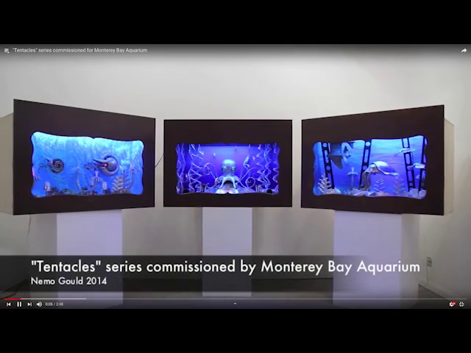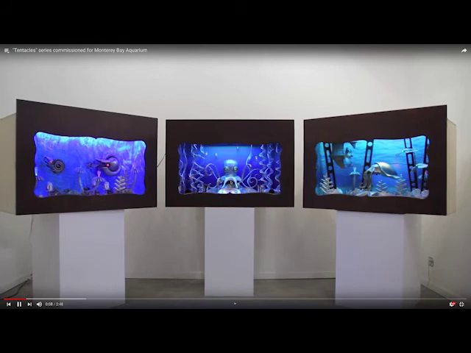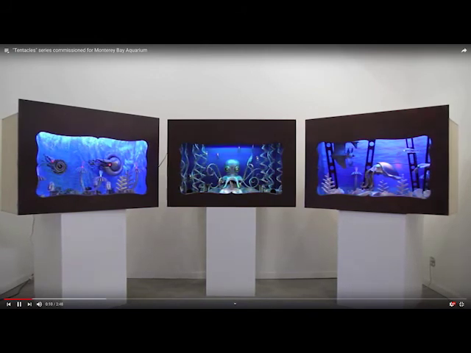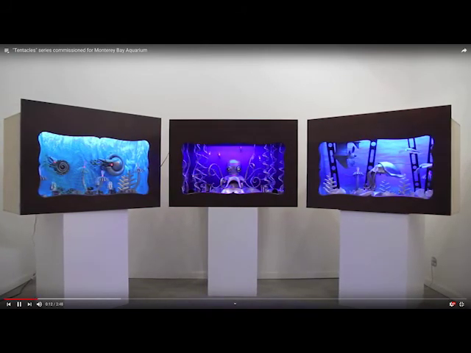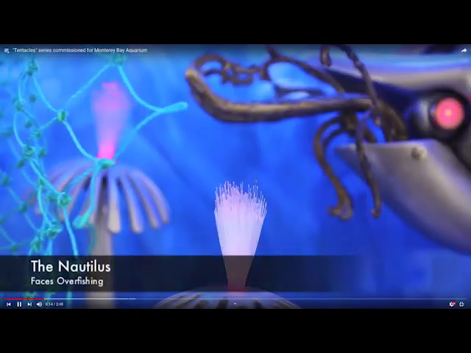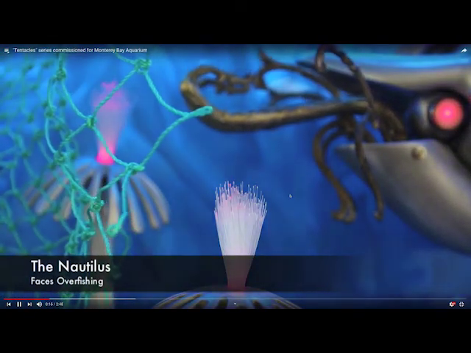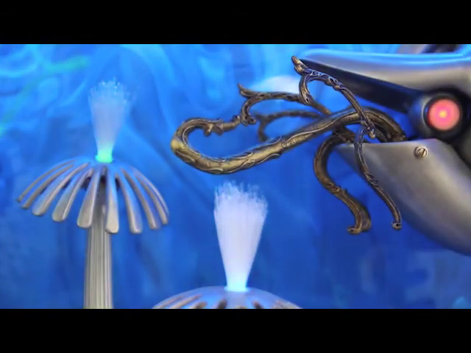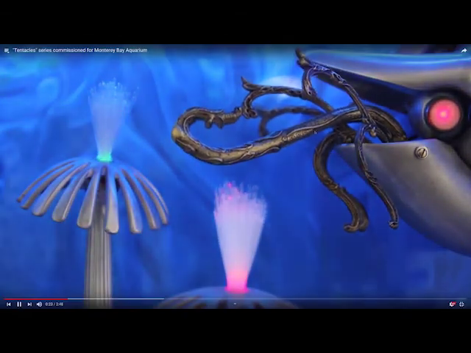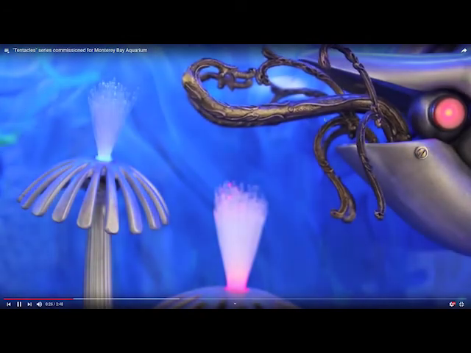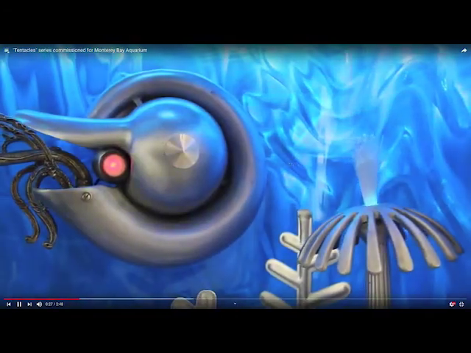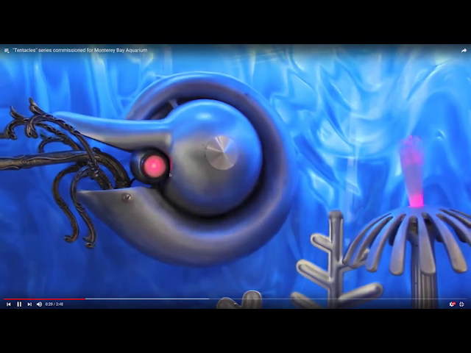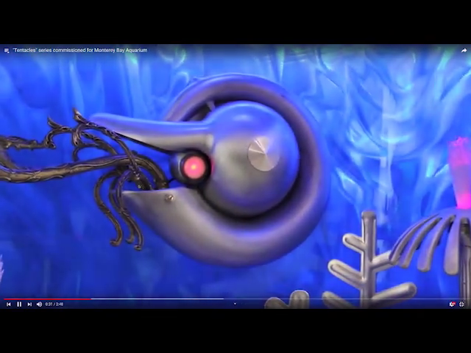He made these sea creatures out of found objects, old irons, things like that, and he created these, looks like an aquarium, but they're all just mechanized creatures. Old handles off of candelabras used as tentacles to make these underwater creatures.